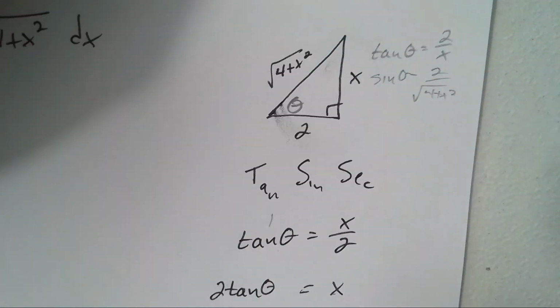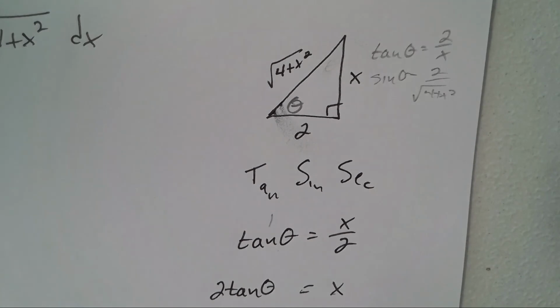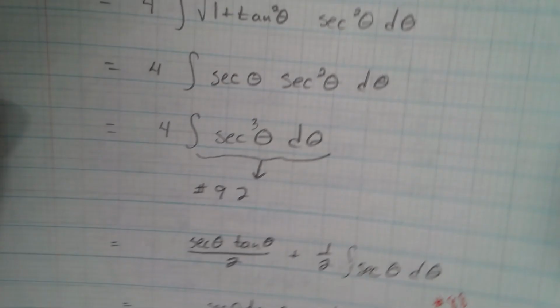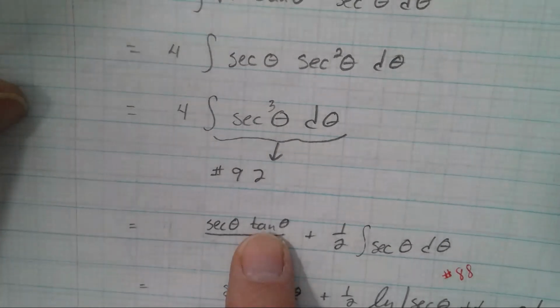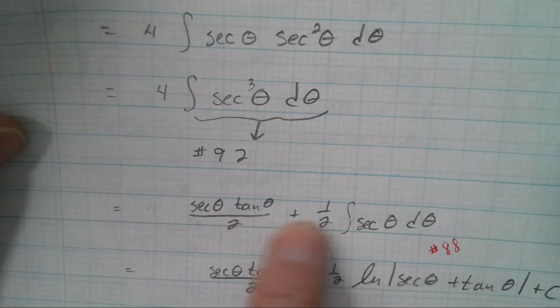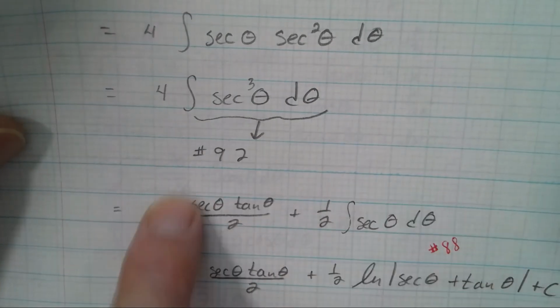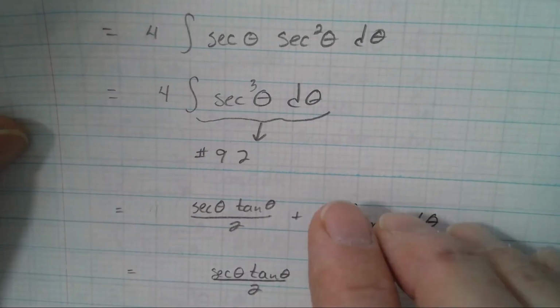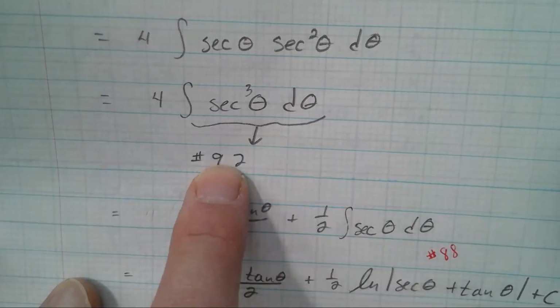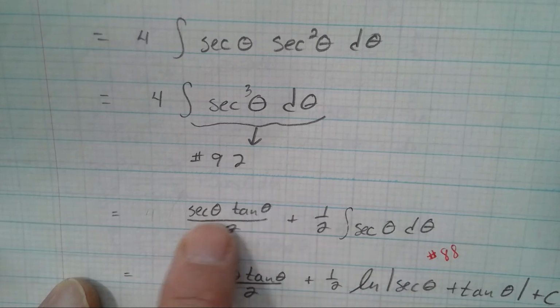I mean, when we went from secant cubed to secant theta tangent theta, how did we get that? Isn't that the integral? It's part of it. It's plus all of this. Oh, I see why you're... Yeah, you're just not used to using the table. The table, if you check it, is going to have an integral in your answer.